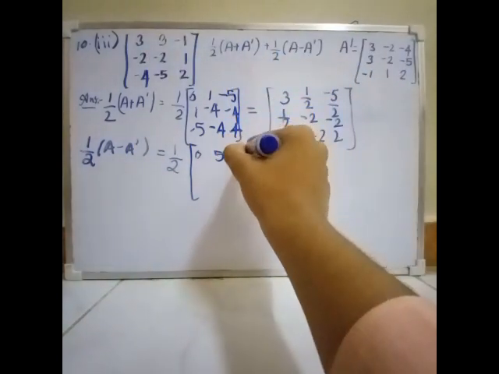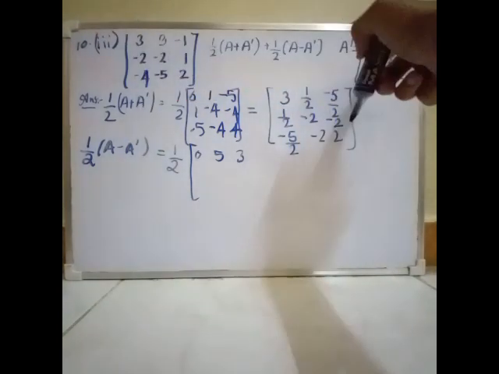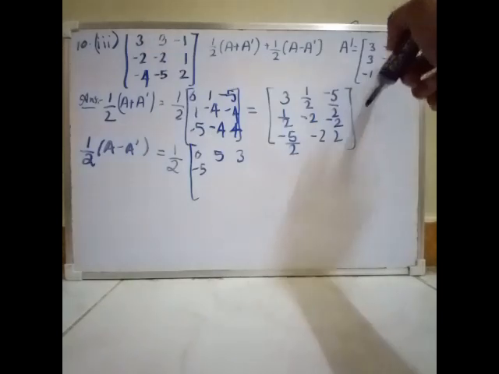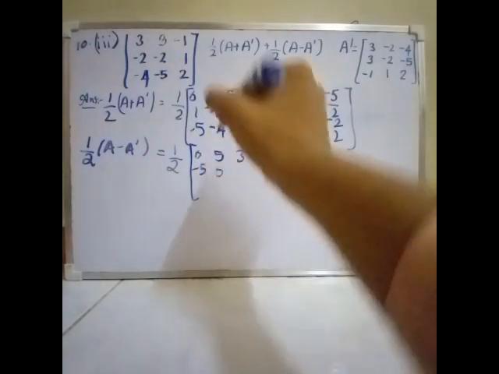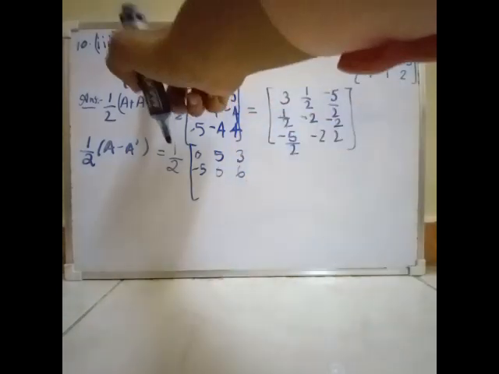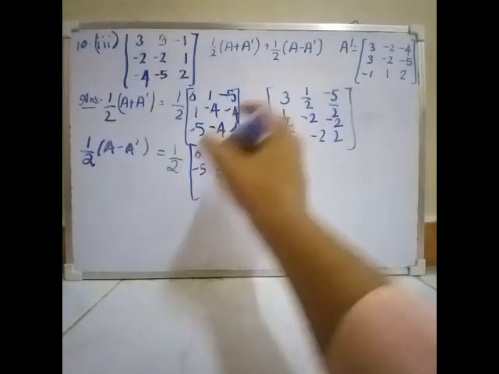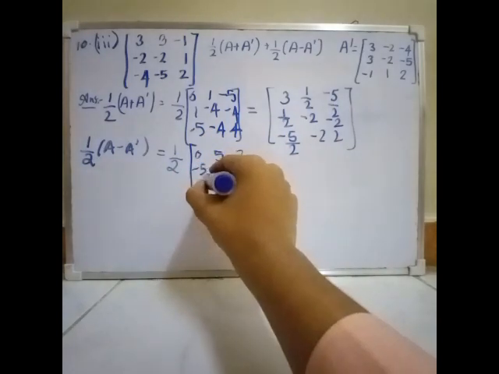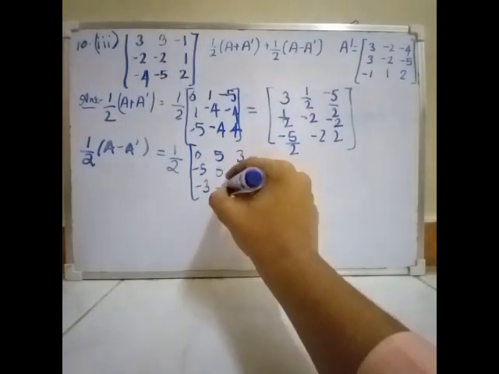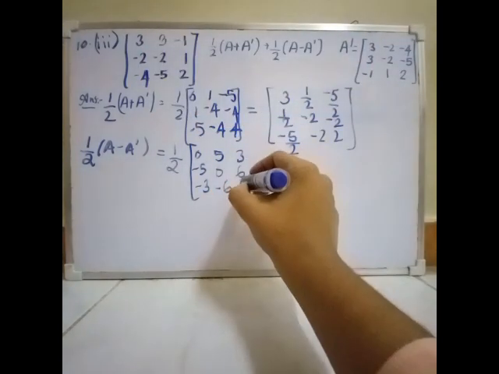So it would be 3. Minus 2 minus 3 would be minus 5. Minus 2 minus minus 2 would be 0. 1 minus minus 5 would be 6. Then minus 4 minus 1 would be minus 3. Then minus 5 minus 1, minus 6. And finally 2 minus 2, 0.